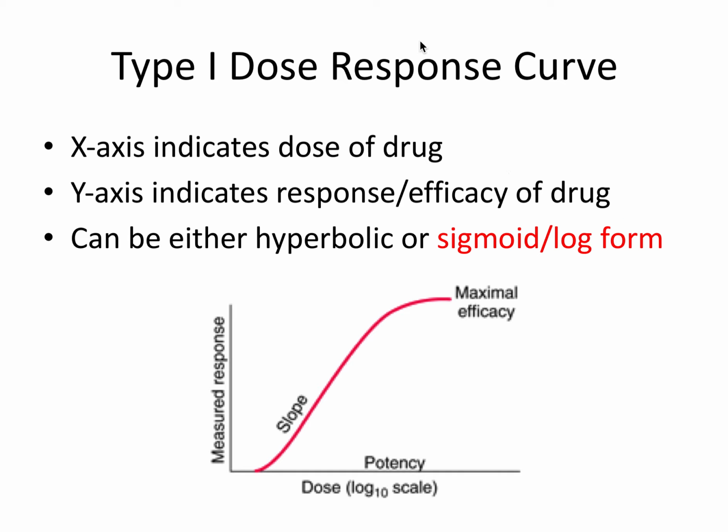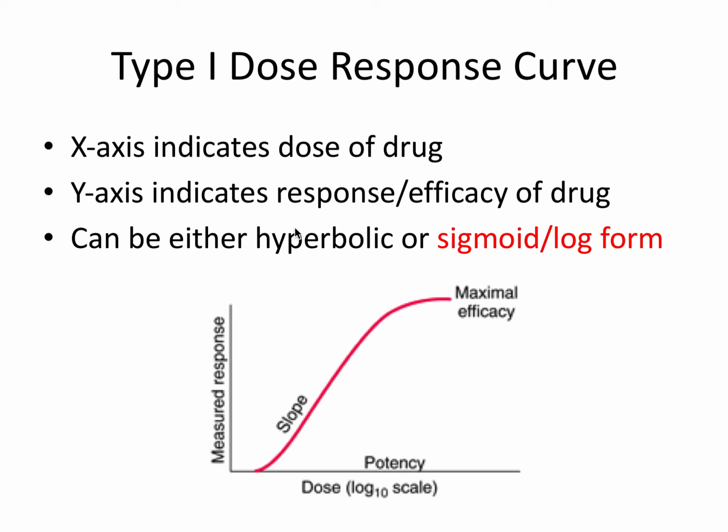So, the type 1 dose response curve. This is really the bread and butter of how the body responds to the drug and how we can chart out pharmacodynamics in a visual form. The x-axis indicates the dose of the drug. The y-axis indicates the response or efficacy of that drug.